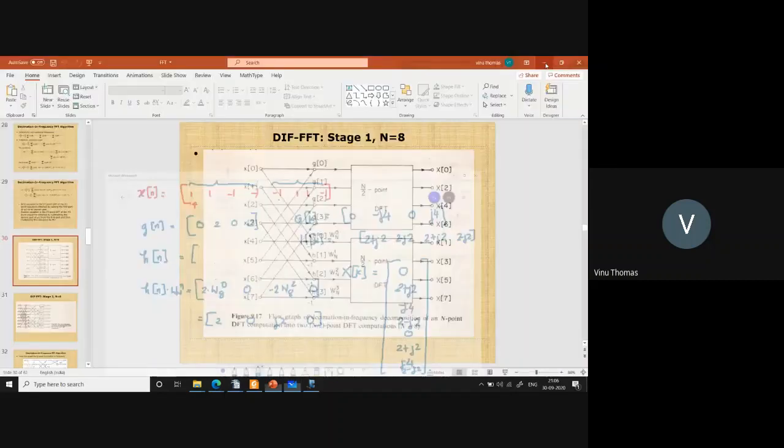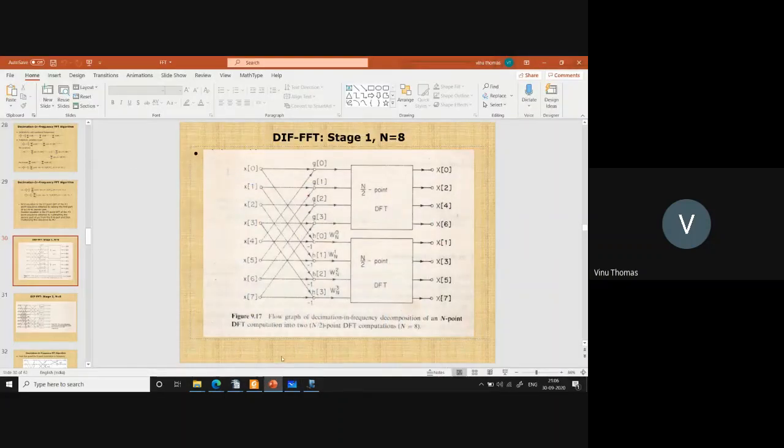Have you installed Octave on your PCs? In your laptops? Yes, sir. Okay. Has Kalpana asked you to follow Octave or anything else? Octave or Scilab? What are you following now? Sir, Octave only. She specifically asked you to compute using Octave.